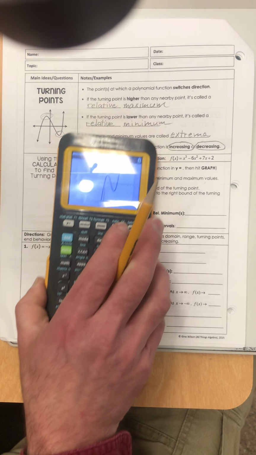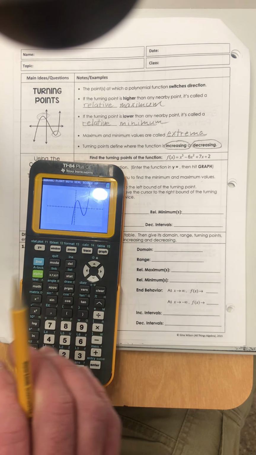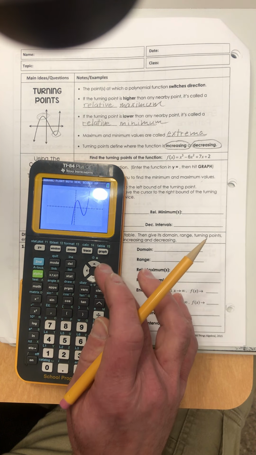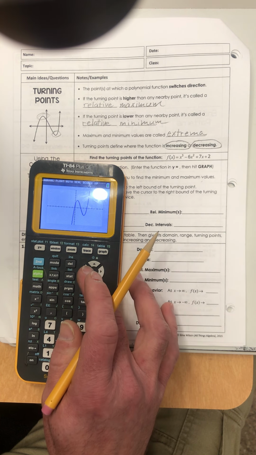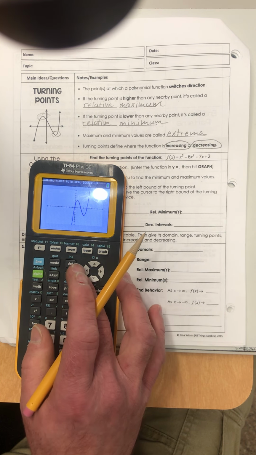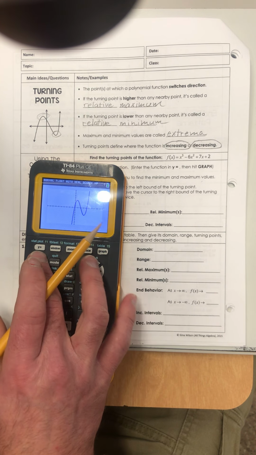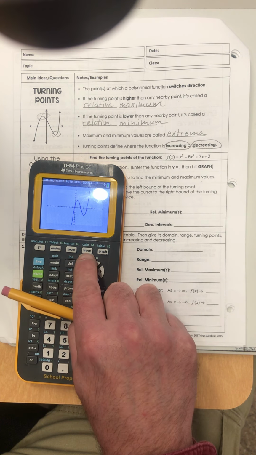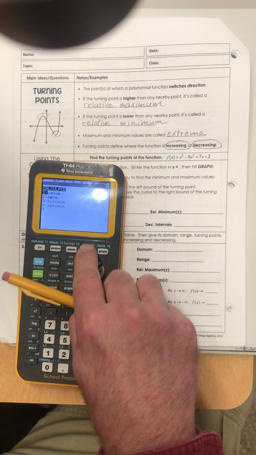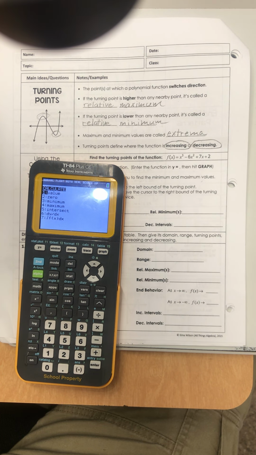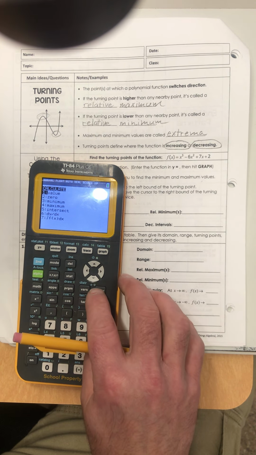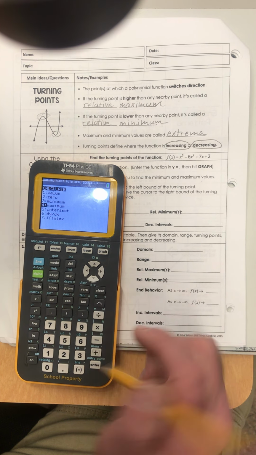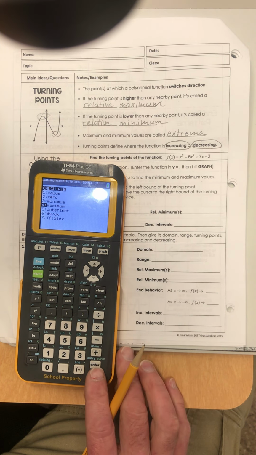I don't know why they did this when they wrote the program. But let's go ahead and do the max first. So I'm going to hit second, and the trace button to get the calculate function. And the first one I want is the maximum, so we're going to go down to number 4 and hit enter.